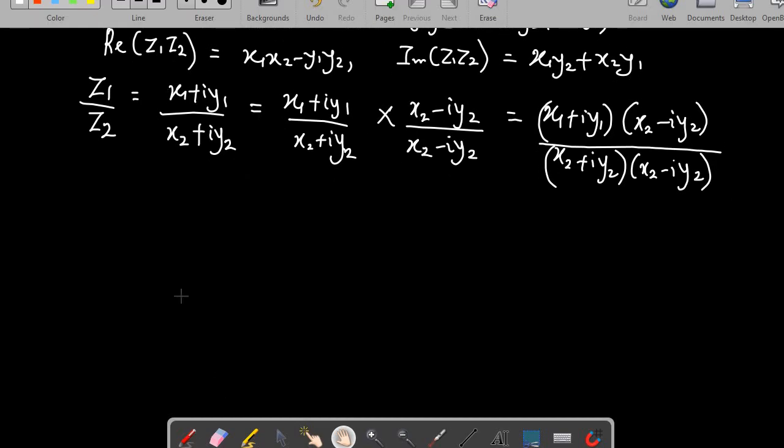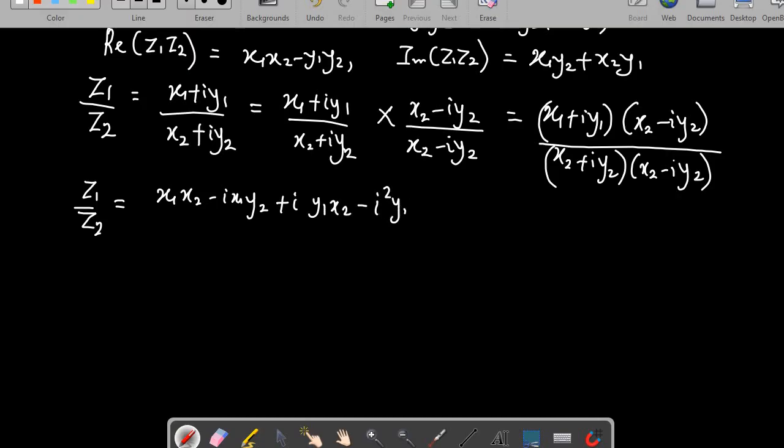This is going to give us z1 over z2 will be equal to, if you expand this, x1 x2 minus i x1 y2 plus i y1 x2 minus i squared y1 y2, okay, divided by x2 squared minus i x2 y2.